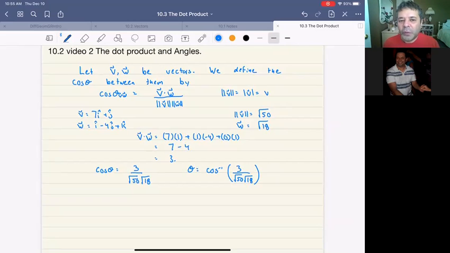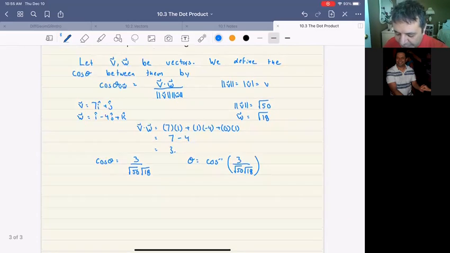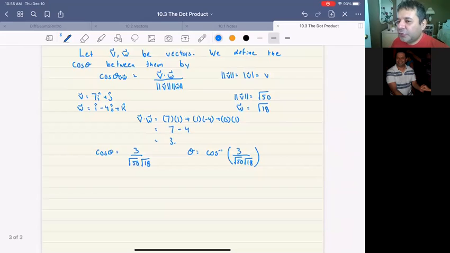All right. One next thing. Remember, two vectors are perpendicular, two lines are perpendicular if the angle between them is 90 degrees or pi over 2, right? Cosine of 90 and cosine of pi over 2, depending on whether you're in degrees or radians, is 0.